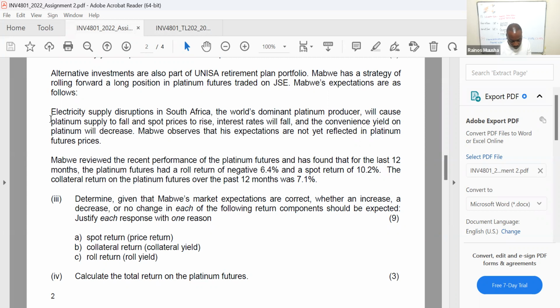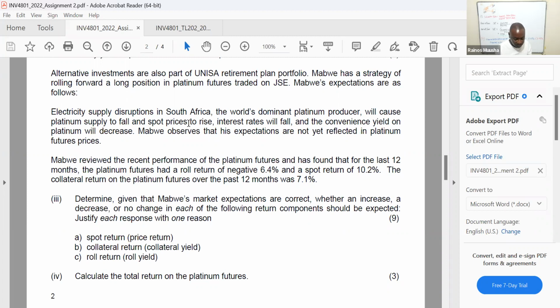Because he's expecting the supply to fall and spot prices to rise, this is basically why we are saying that the spot prices are going to rise. Which means that the spot return is going to be generated, mainly because you are expecting the prices in the future to rise.